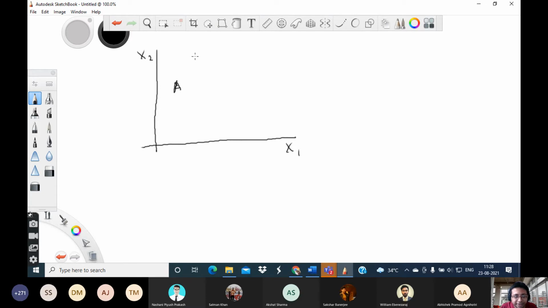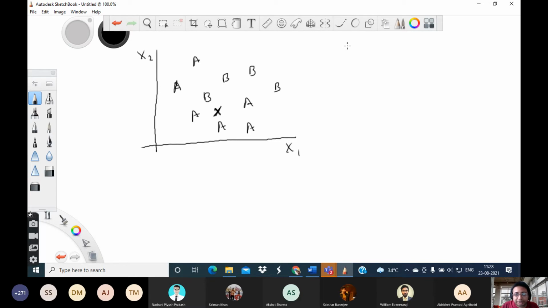Here we have an A, here a B, B, A, and A, so six points in all. Let us say this is the point which we are considering, this is X.